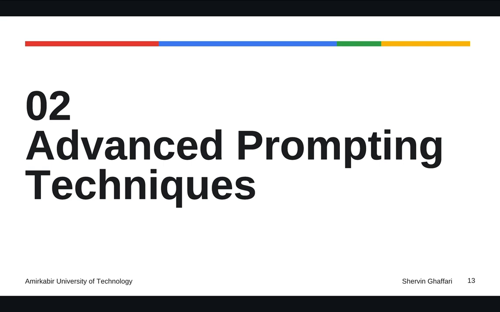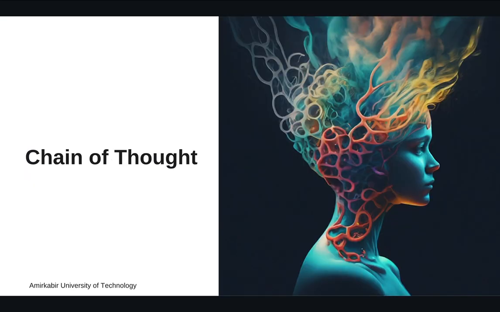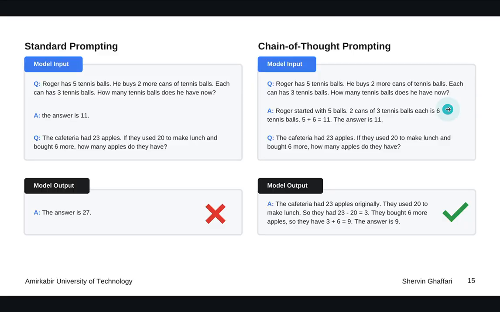But there are some advanced prompting techniques. As you can see, the first and most important of them is chain of thought. Chain of thought guides the model through multiple intermediate reasoning steps. It guides the model on how to think. With chain of thought, we aim to reduce the black box nature of the model by giving it hints on how to think step by step.